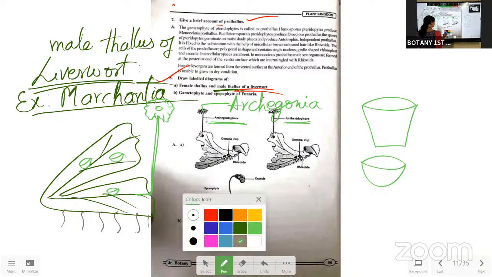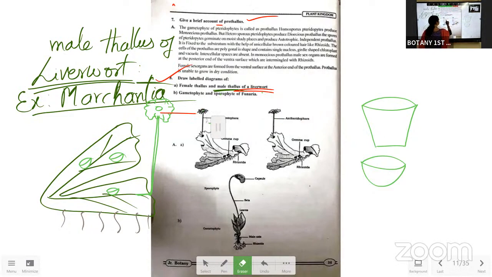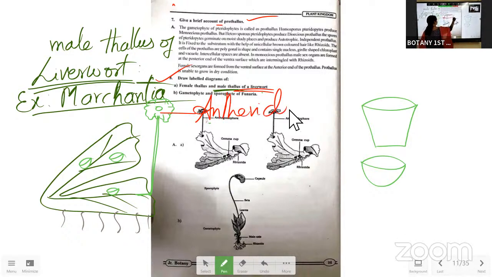Now comes the labeling. For labeling, this is the antheridia. And this is the antheridiophore.